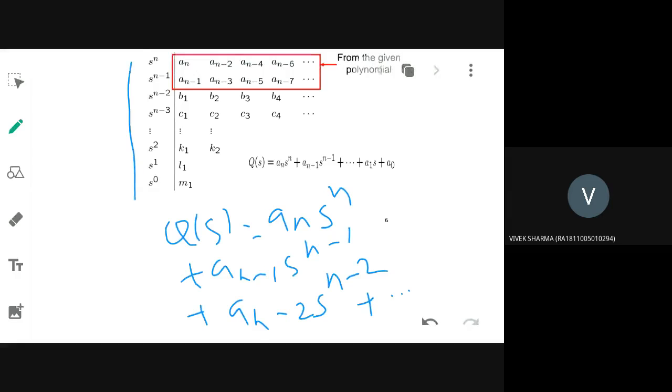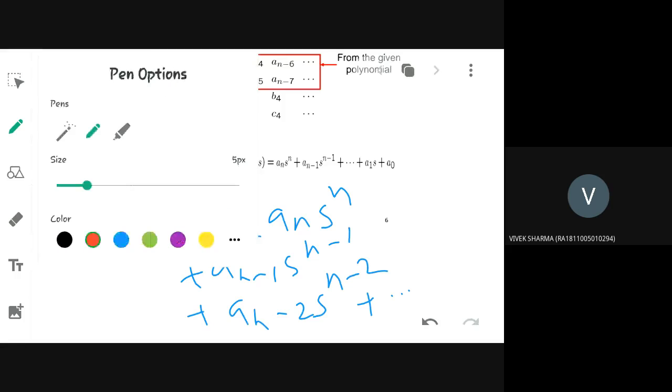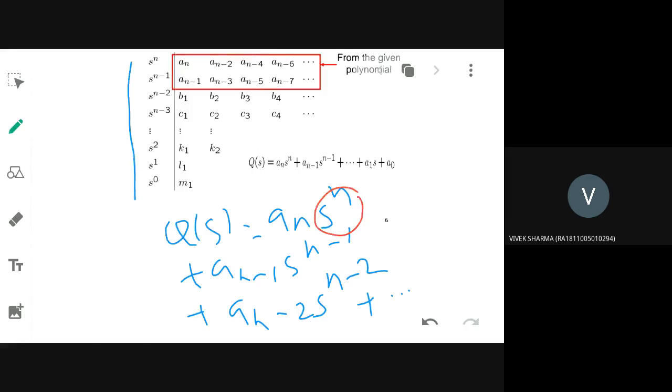Starting from the highest power that you are having in the system, what is the highest power? s to the power n. So you start with s to the power n, then s to the power n minus 1, then s to the power n minus 2, till s to the power 0. You have to order up that column. Okay, this is the first step.